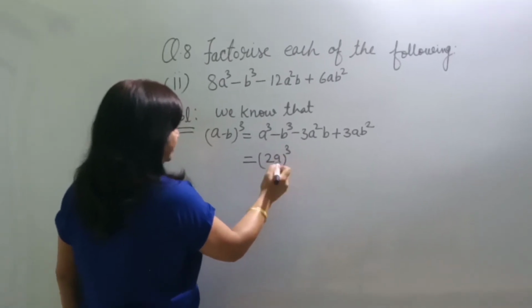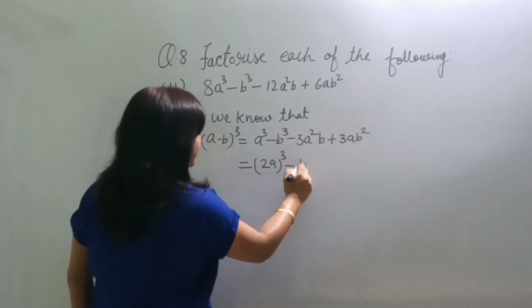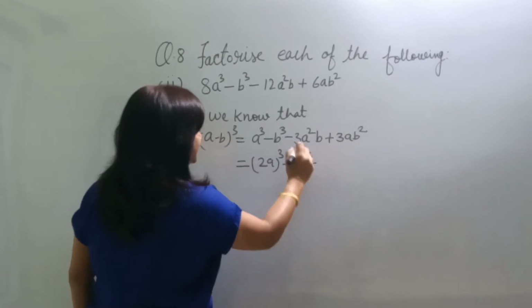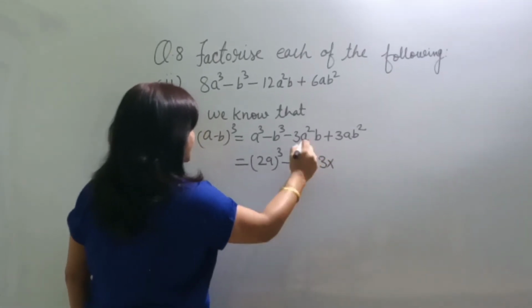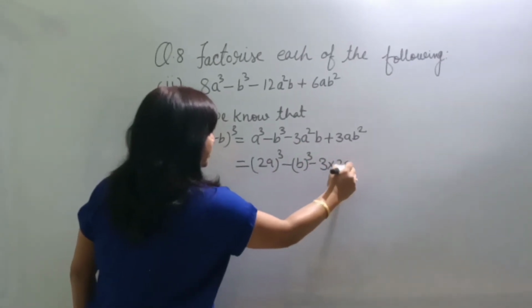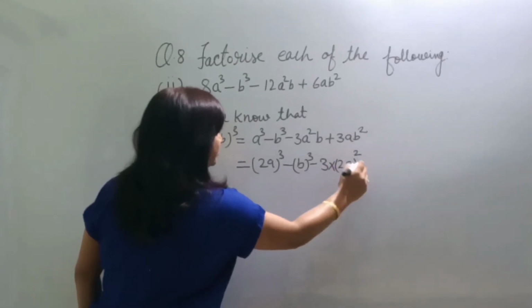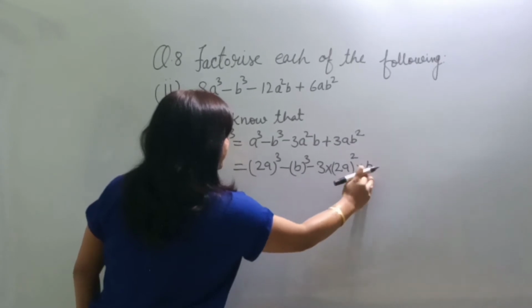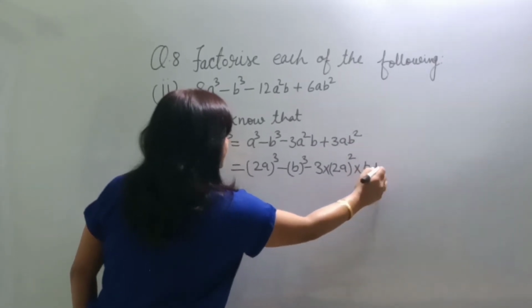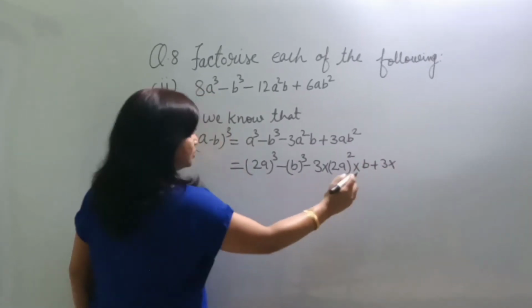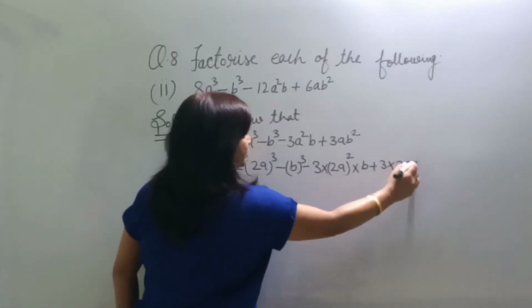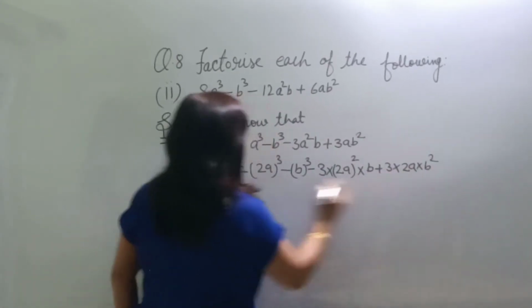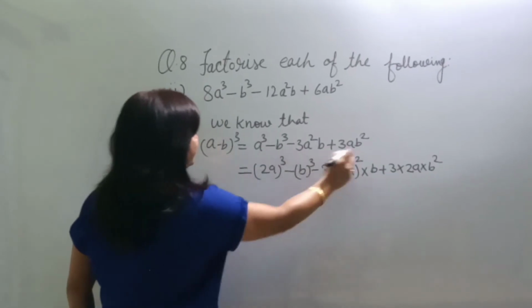When we will solve it, 8a cube will come, minus b cube, minus 3 into, in place of a square, (2a) square into b will be same, plus 3 into 2a into b square. Now it is converted in the form of this expression.